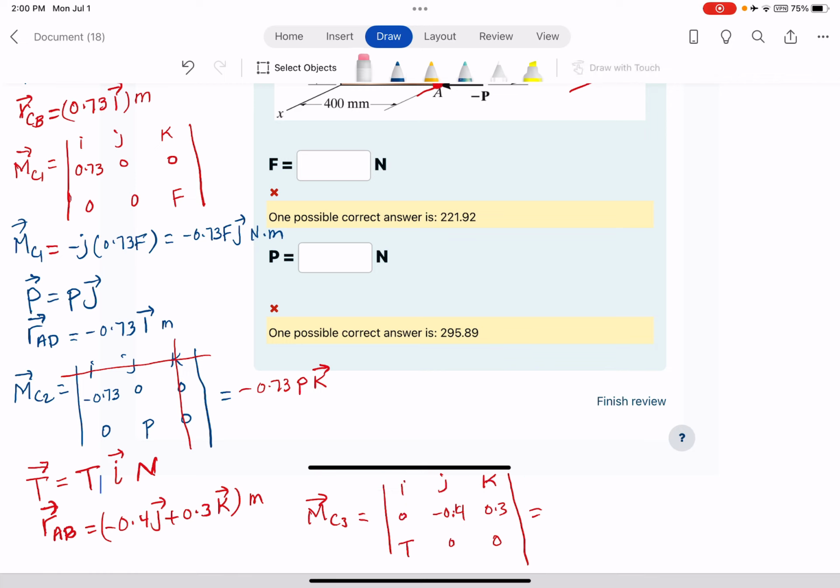I'm going to put minus j, this is minus 0.4. Then the j, 0, okay, so minus j minus 0.3T, minus is a plus. And I'm going to do the last one, the k, 0 minus, and that is 0.4T.